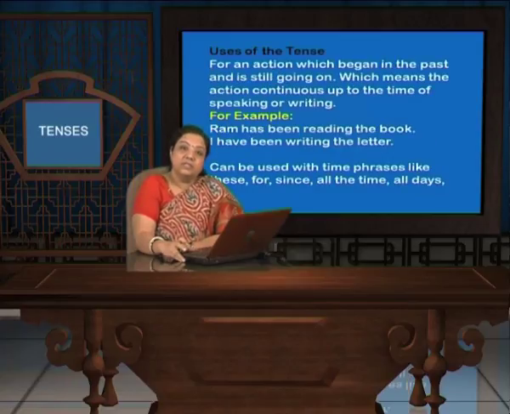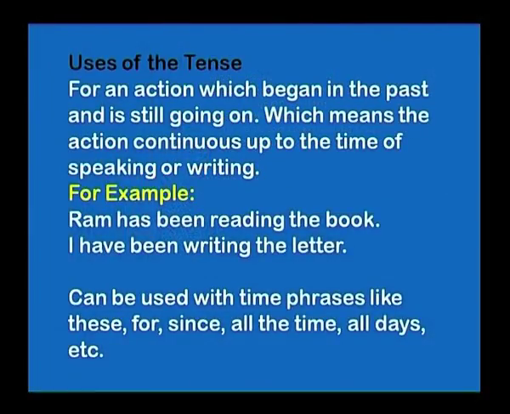Uses of the tenses of this kind, here you will say for an action which began in the past, okay, and it is still continuing, it is still going on, which means the action continues up to the time of speaking or writing. For example, Ram has been reading the book. He is still continuing reading the book just now. I have been writing the letter.